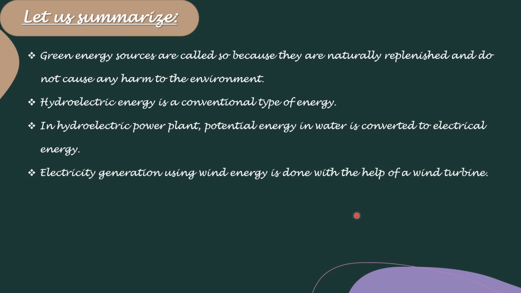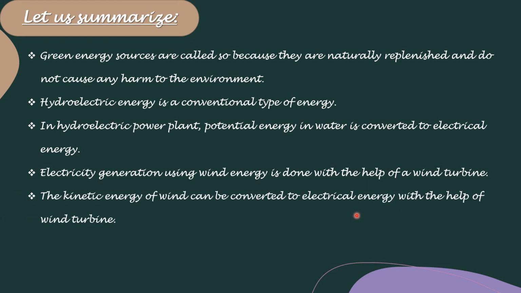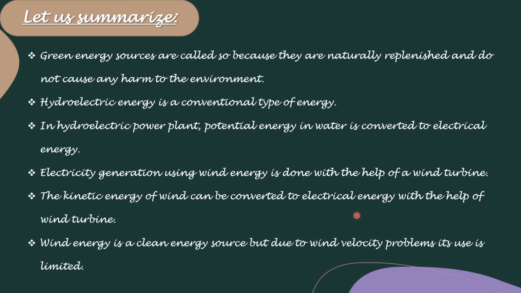Then electricity generation using wind energy is done with the help of a wind turbine, and the kinetic energy of wind can be converted to electrical energy with the help of wind turbine. Then wind energy is a clean energy source, but due to wind velocity problems, its use is limited.